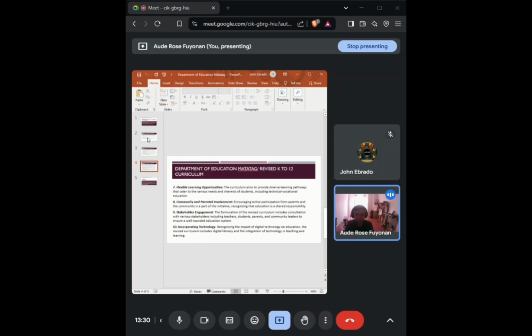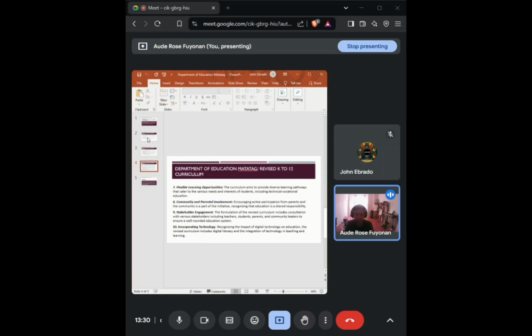Eight is community and parental involvement. So this encourages active participation and interaction between the parents and the community. This recognizes that education is a shared responsibility, not only of the school but also of the community as well.